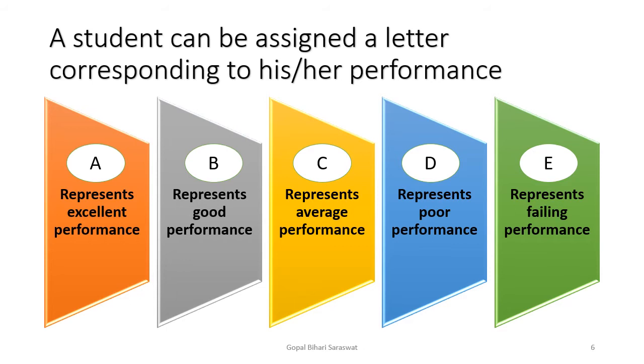For example, if we provide an A grade to a student, it represents excellent performance. On the contrary, E represents a failing performance, whereas C represents average performance. So from A to E, the student performance is falling at each level. If a student is getting an A grade, he is the best student in the class. An E grade means the poorest student in the class in respect of performance.